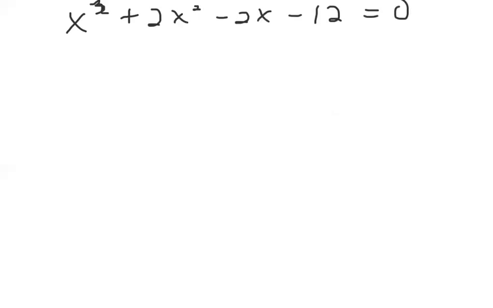Now guys, this is a 3rd degree polynomial. It's got 4 terms. Can we solve this by grouping? Absolutely not. If you were to group the first 2 terms, the GCF would be x squared. That would leave you with x plus 2. But if you group the last 2 terms, the GCF would be a -2, and that would leave you with x plus 6. And that one makes sense.